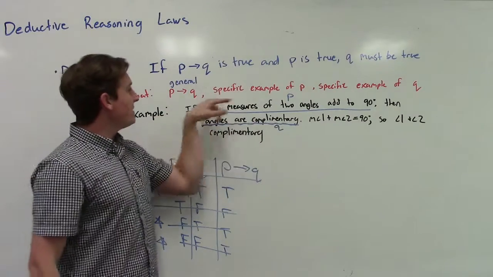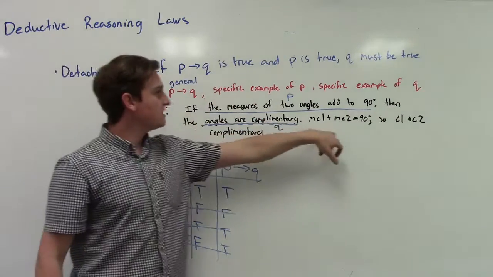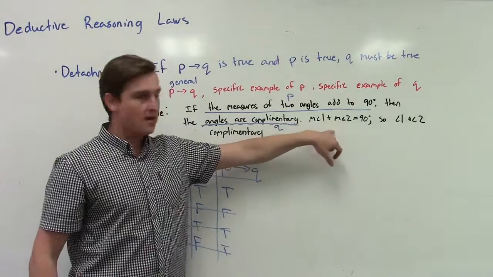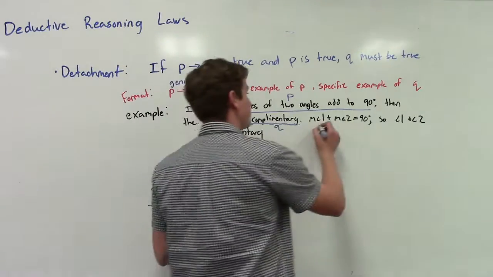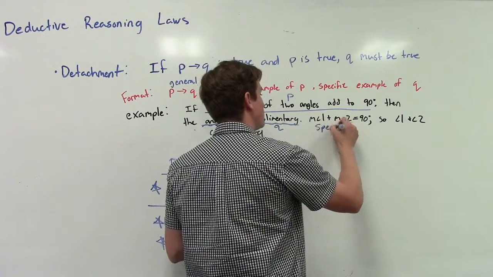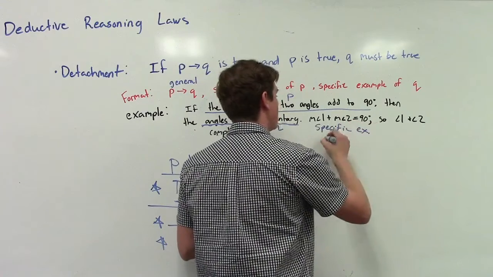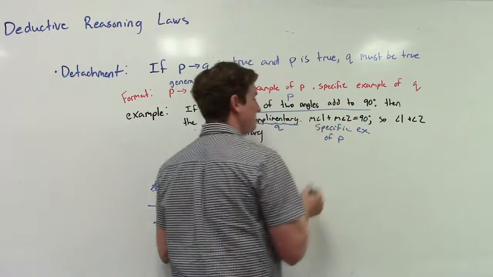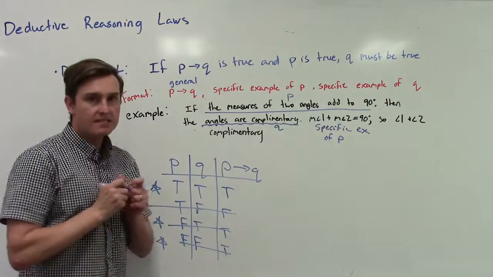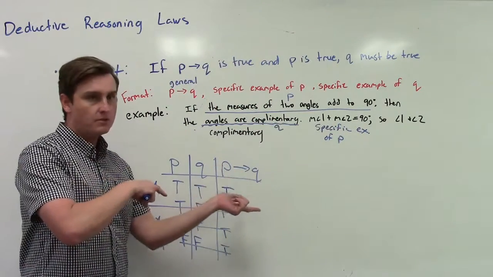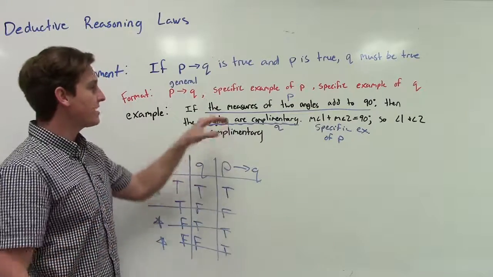The very next statement after that first statement is a specific example of P being true. So I'm going to do specific example of P. So what has to happen is that in that specific example, Q has to be true for that specific example, right?